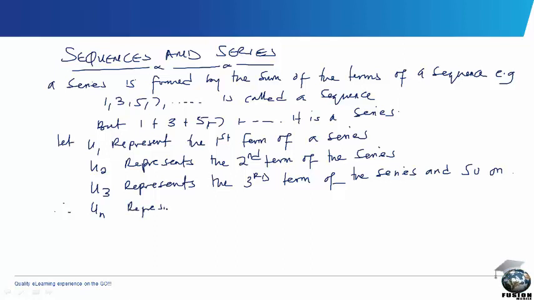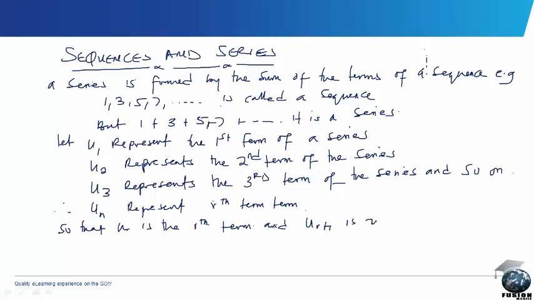Just like the terms keep following each other, Un will be represented as the nth term of the sequence, so that Ur is the rth term, and Ur+1 is the (r+1)th term.